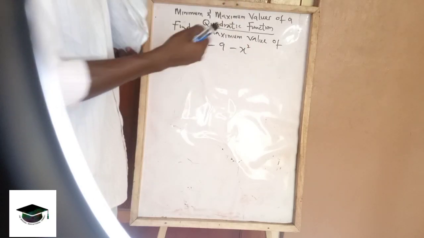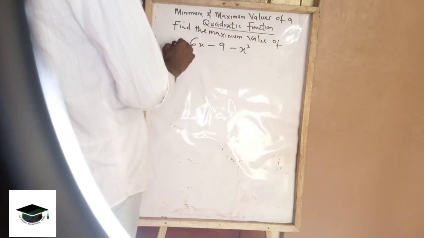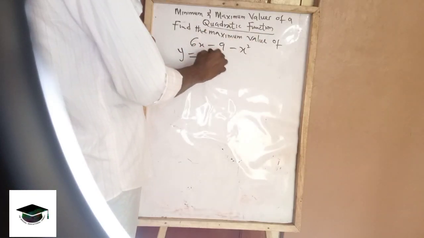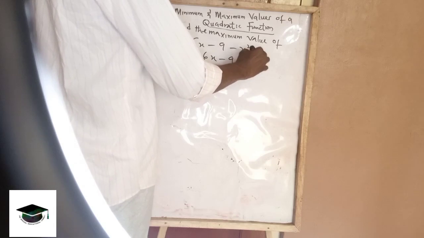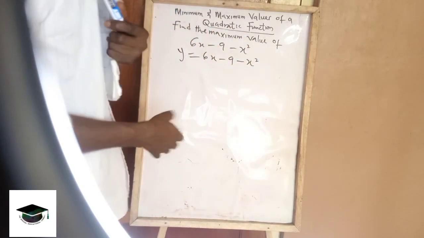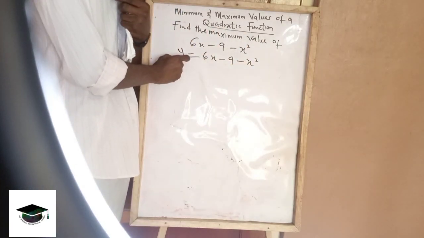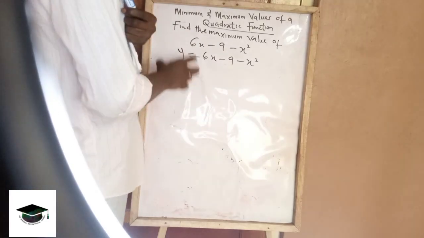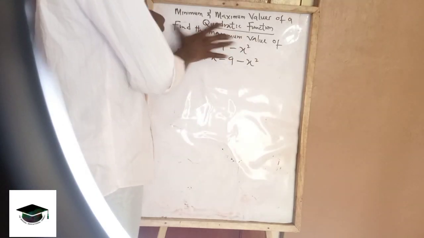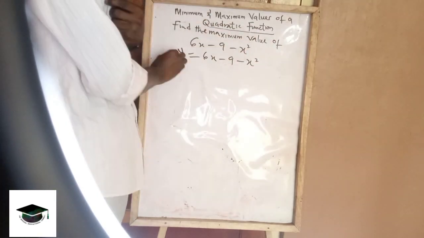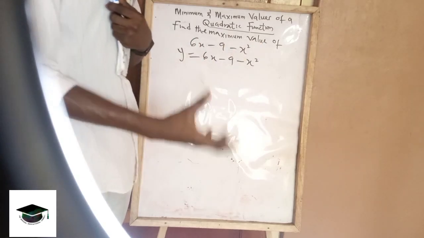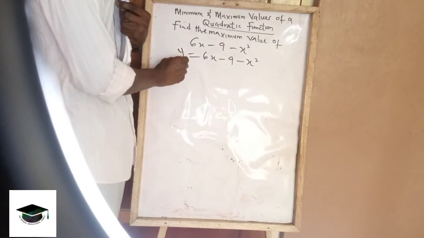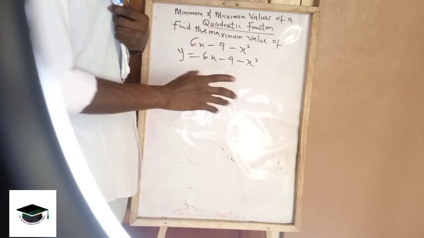If it's saying find the value, let's put it as y equals 6x minus 9 minus x squared. That's just simple. Now, it's saying find the maximum value of y, because it's saying find the maximum value of the whole of this. So we are representing the whole of this as y. So y equals this. Do you get it now? So that means we are looking for the value of y here, the maximum value of y.